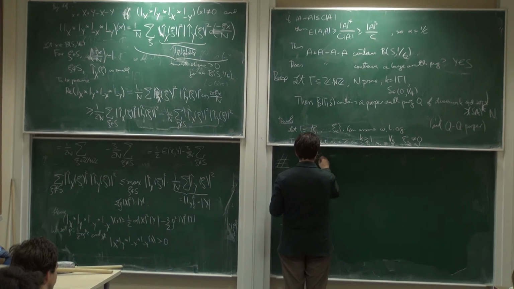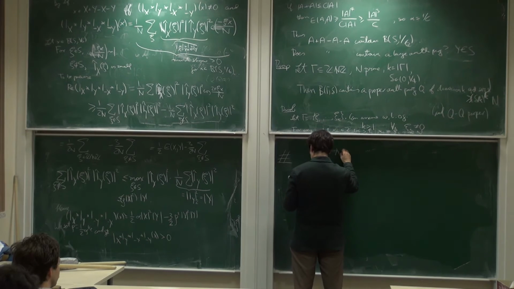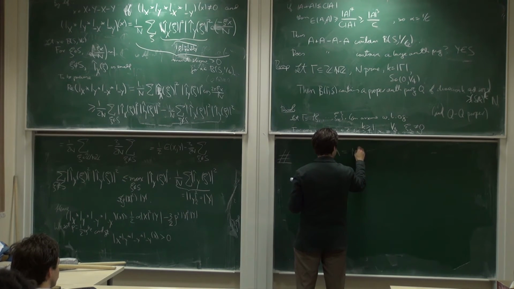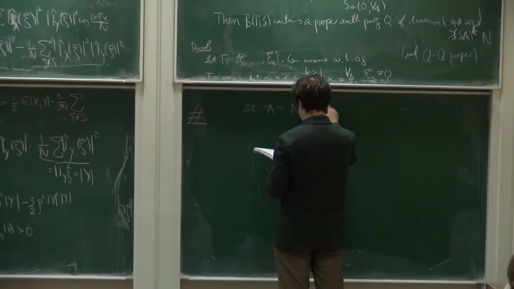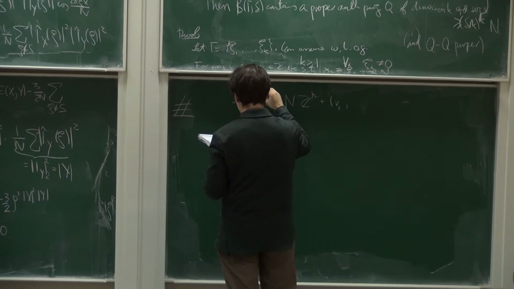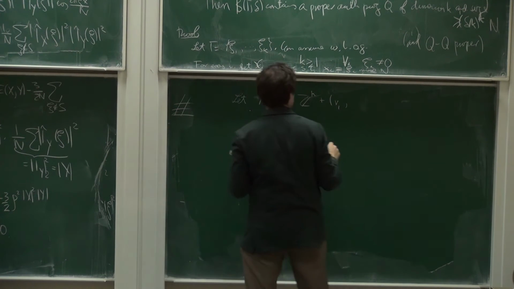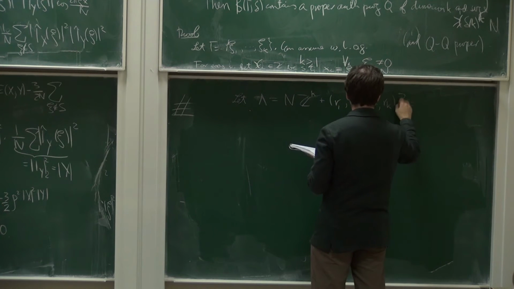So, let lambda be a lattice. It's going to be the lattice. It's the multiples of n plus x_i, will be better than psi_i, plus the multiples of the vector x.